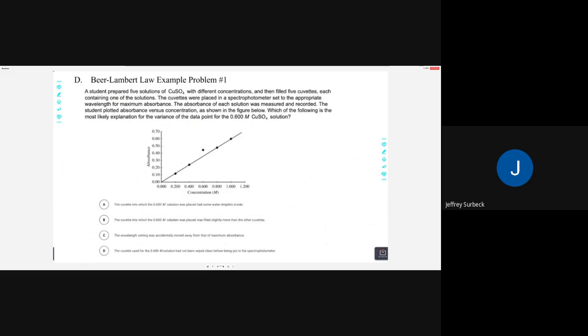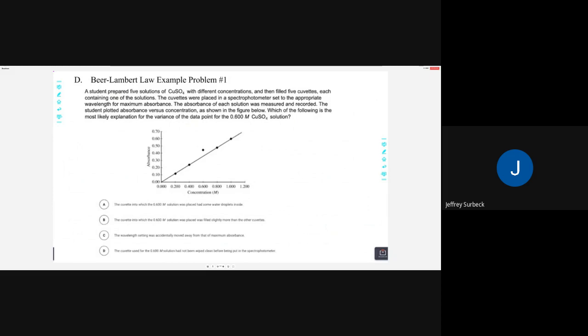Option B, it says the cuvette into which the 0.6 molar solution was placed was filled slightly more than the other cuvettes. Again, it's the same substance, but we're just filling it above. Would that have any effect where that light's shining through? No, so B is not a good option either.